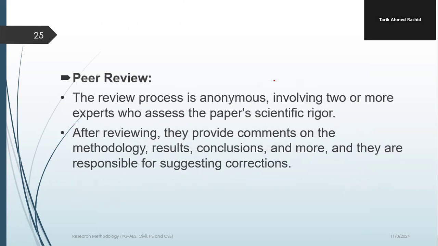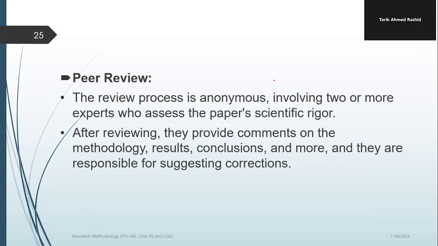Now, peer review: we have double blind peer review and single blind peer review. In double blind peer review, authors do not know the reviewers who are going to review the paper, and the reviewers do not know the authors.